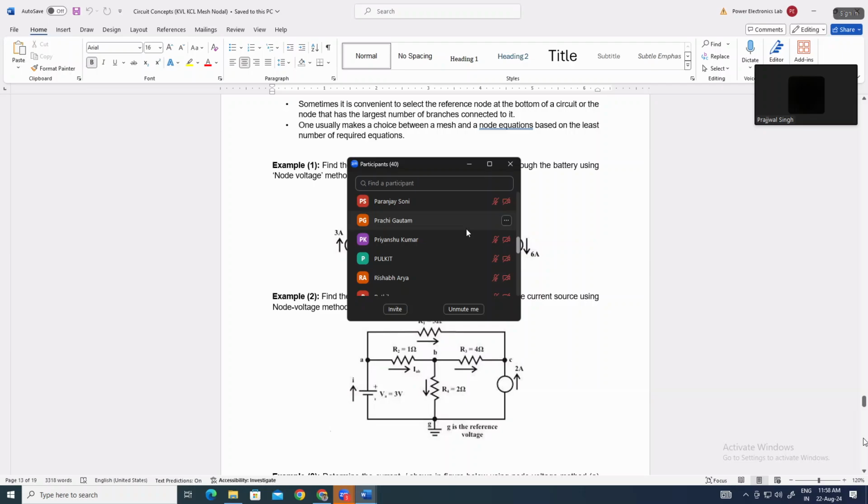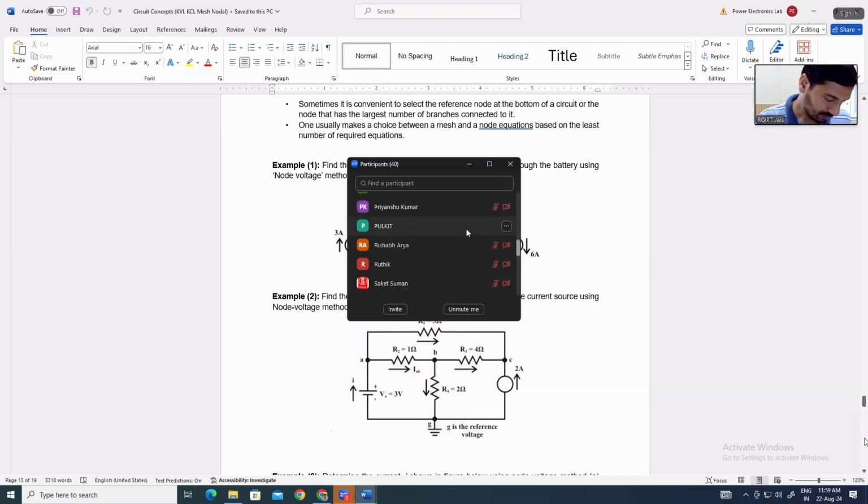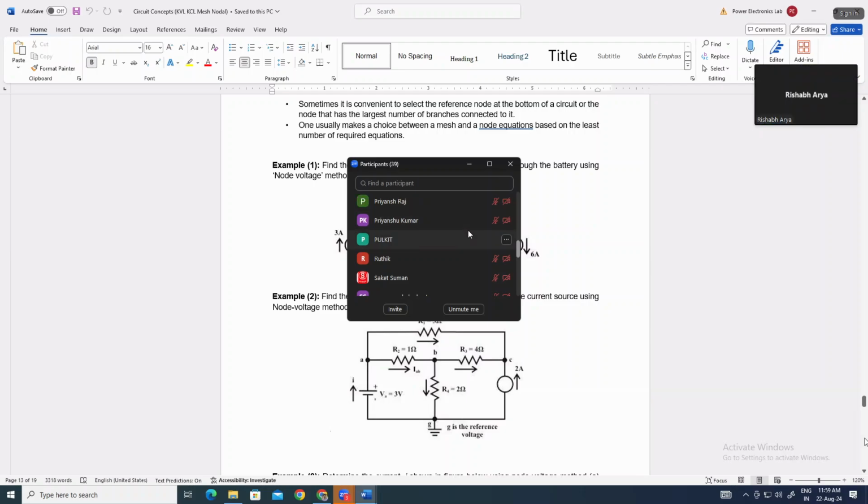Priyanshu Kumar, present sir. Pulkit Singh, Rahul, Rajiv Kumar Pandey, Rishabh Arya, present sir. Rohan Kuntal.